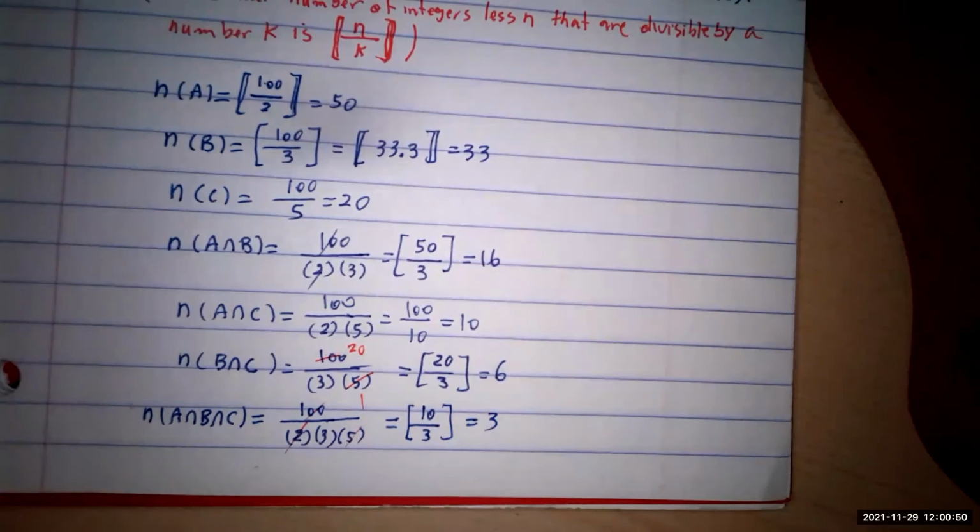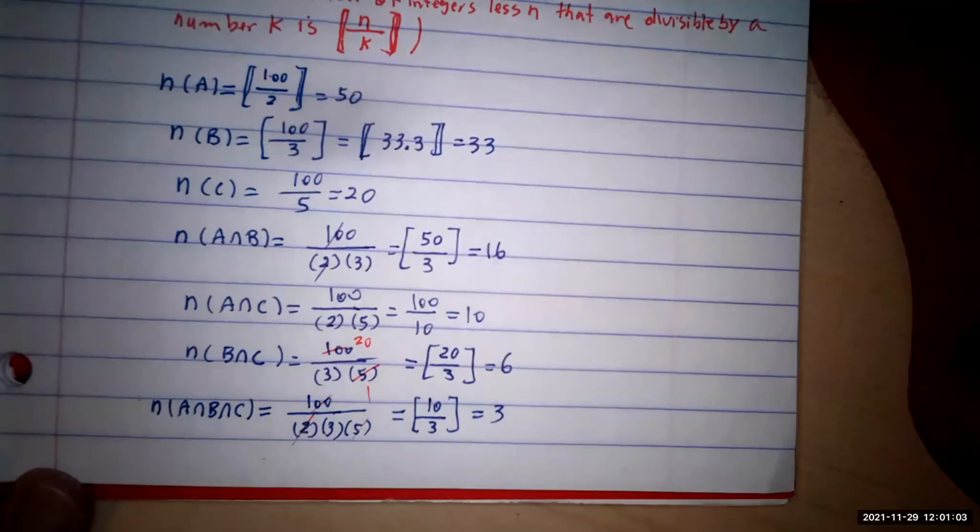Any question? So just make sure you use these integer parts to get this. So now we are ready. Go back into the formula, substitute, and get the result right away.